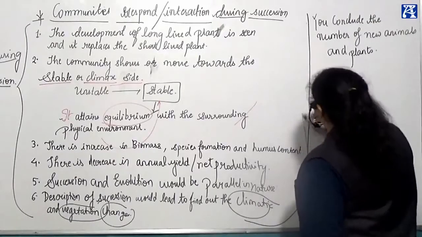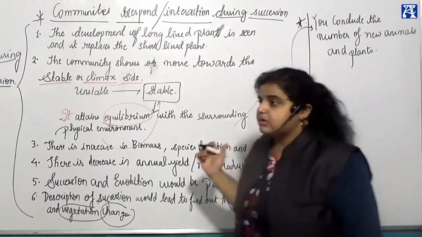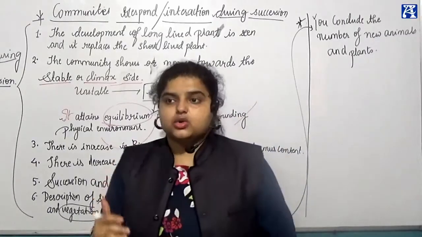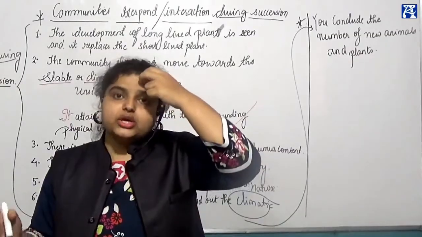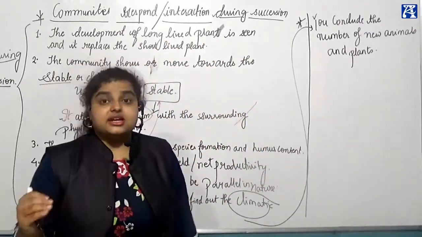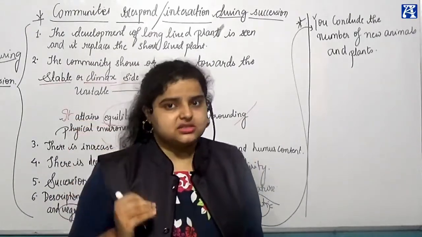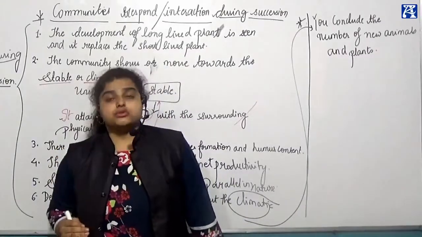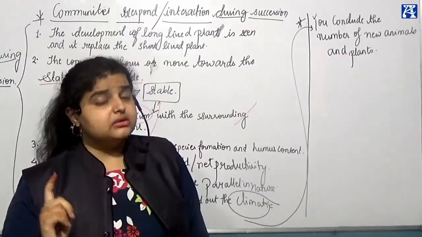When you clearly come to know about these changes, you clearly conclude which organism, which animal, which plant can grow in such subsequent areas. That time you can say, yes, it is an appropriate succession which is going on, as you have studied a detailed description about succession.